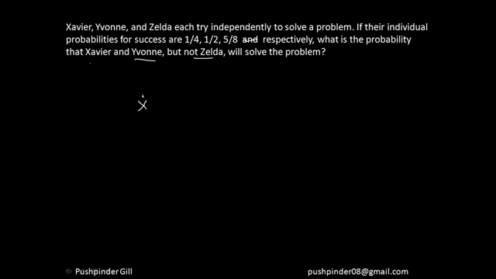It's very simple, guys. I hope watching this video you will be able to easily solve this question, right? This is a very easy question. This hits, probability 1 by 4. This hits, probability 1 by 2. This doesn't. Since the probability is 5 by 8, the probability of not doing is 3 by 8. You calculate that, you have your answer, right? So I hope everyone understood what we did over here.